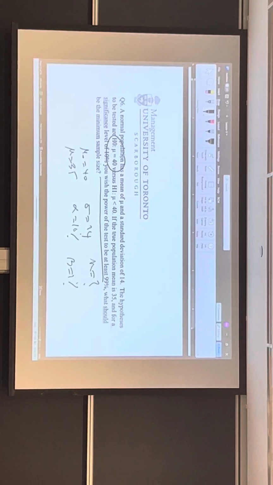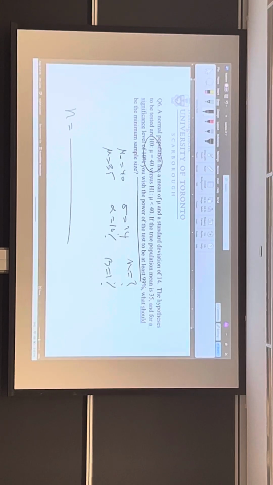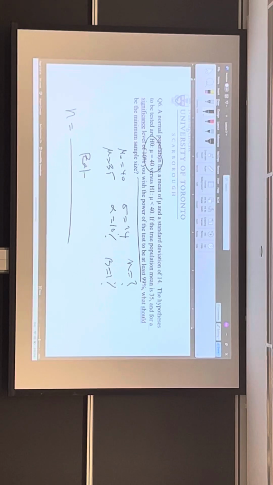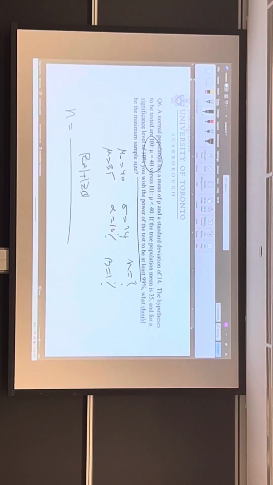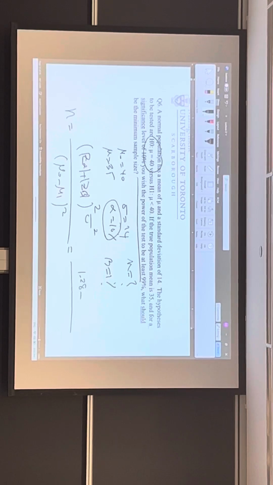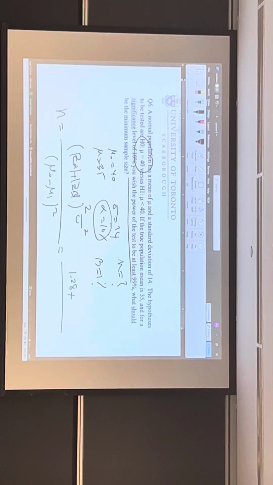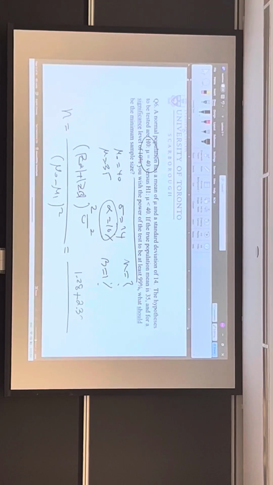Apply the formula. This is the formula. What is Z of 10%? 1.28. What is it of 1%? 2.33.